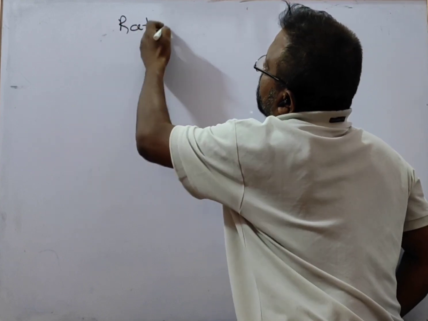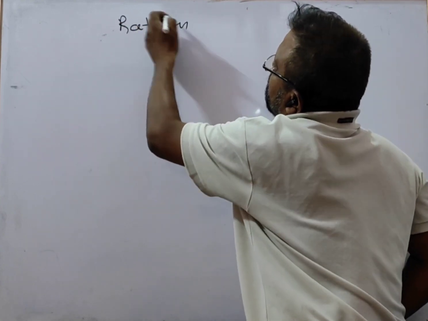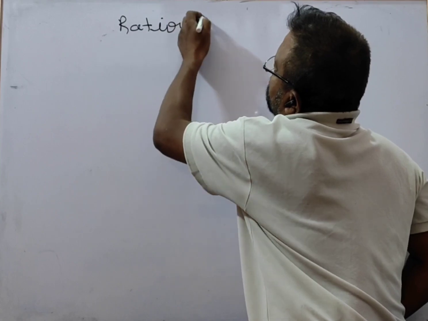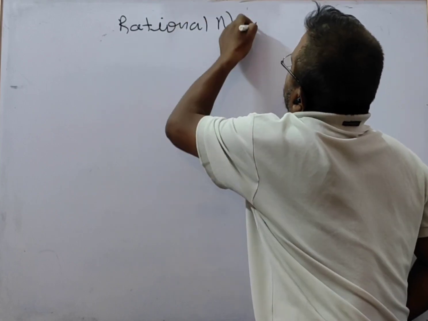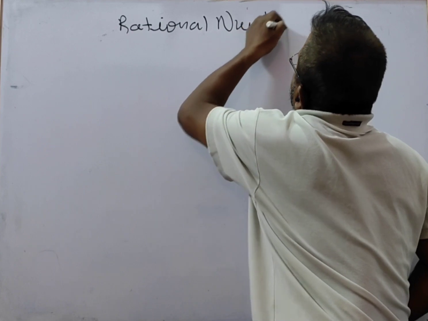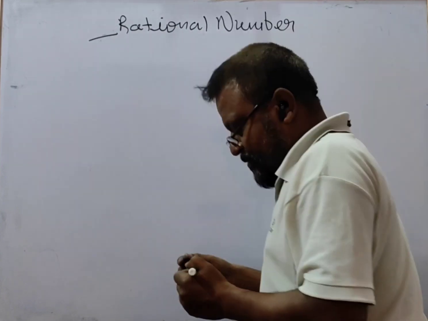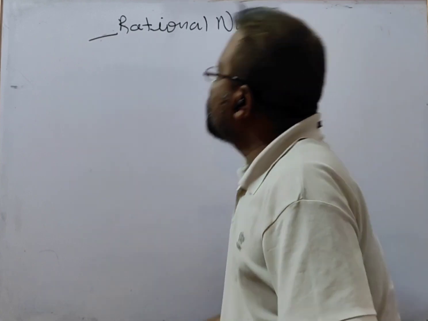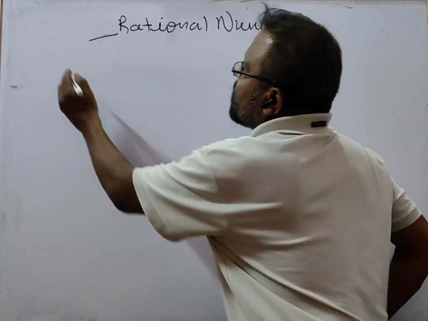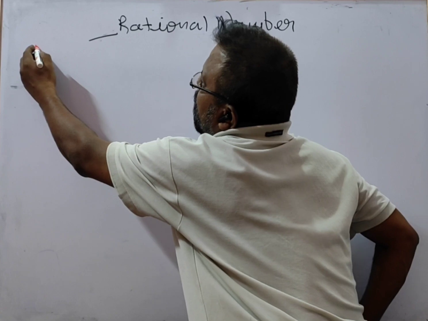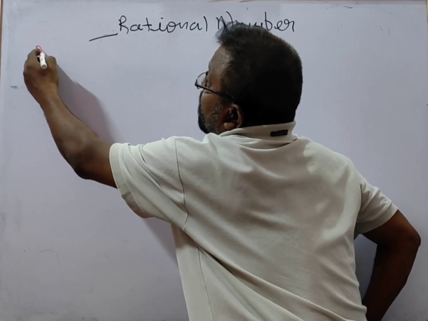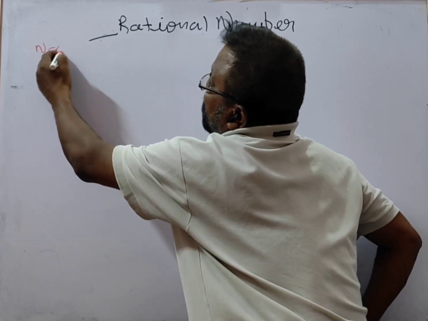Okay, anyway, can you tell me how many types of numbers you know? Very common number is, yeah. Real number. Oh my god, you forget about real numbers.